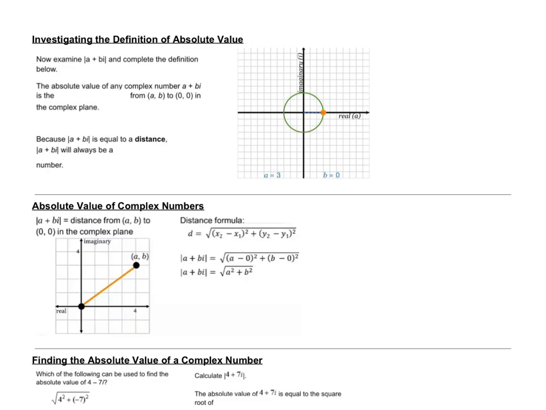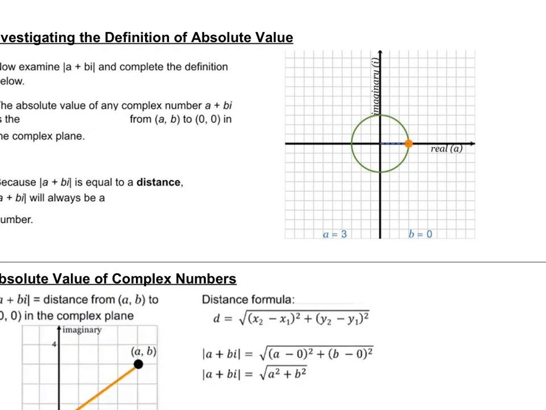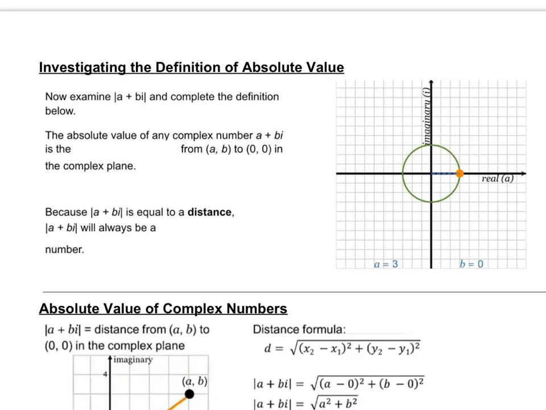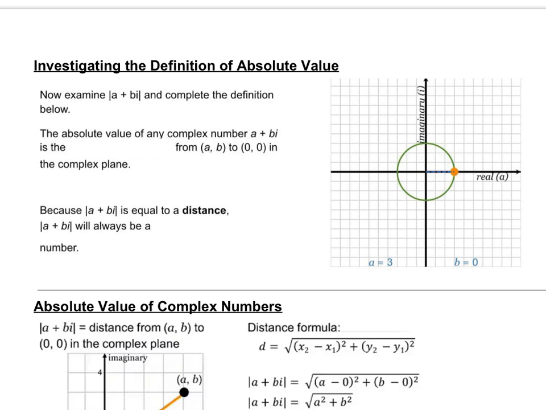On the last page, we talked about the absolute value of numbers that were either on the imaginary number line or on the real number line. But what if they're somewhere out here in the plane? Then we have to find the distance.